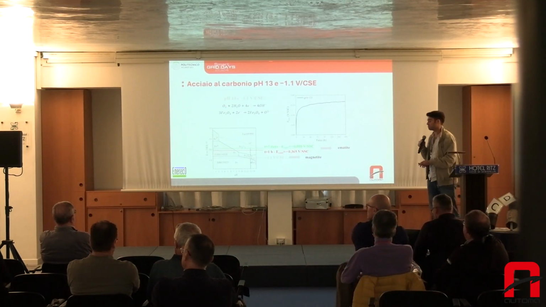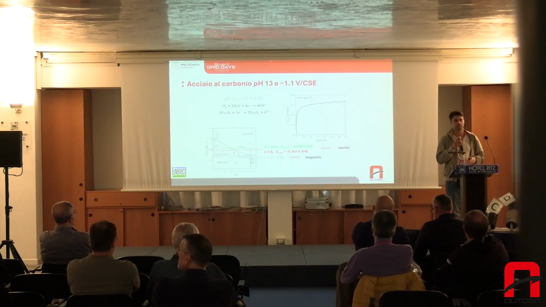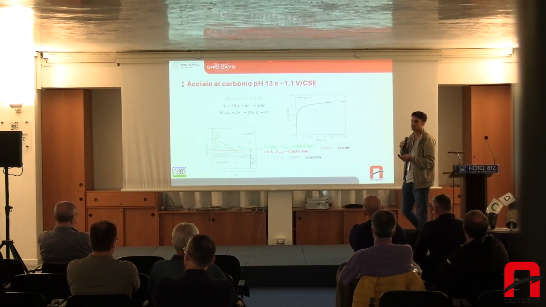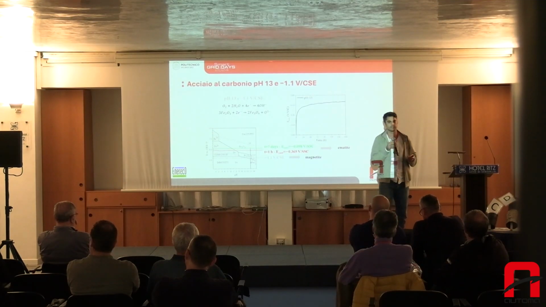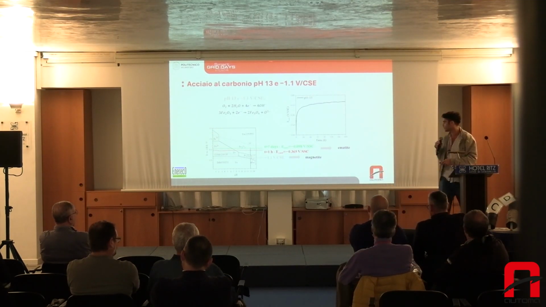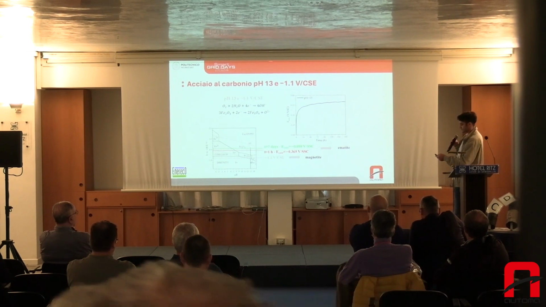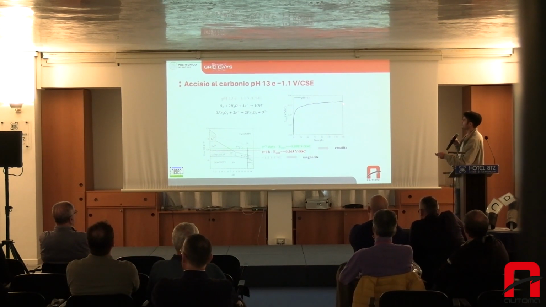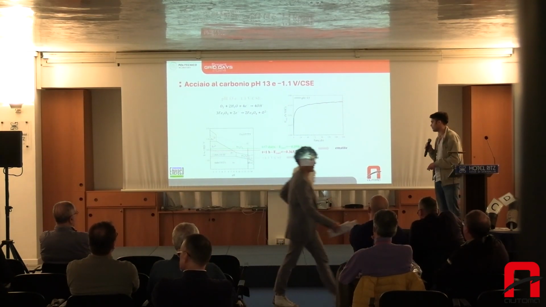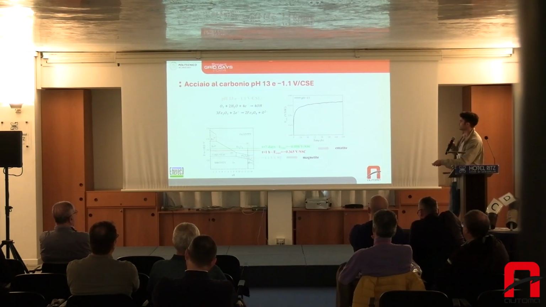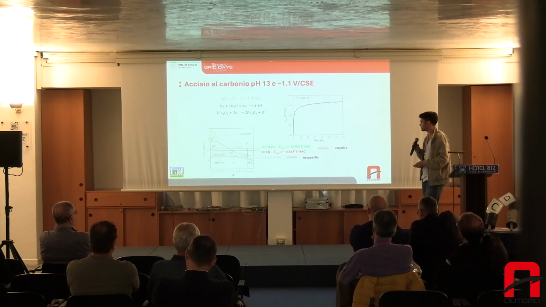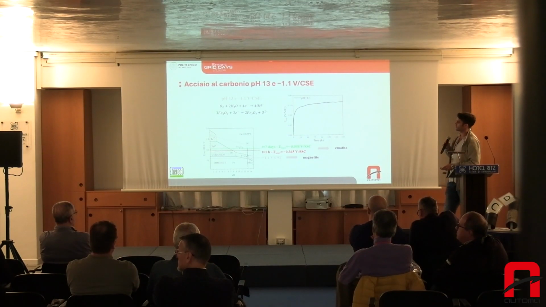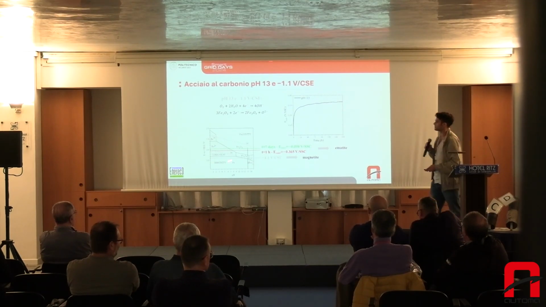The natural potential is a high resistivity potential, so that's for soils with resistivity higher than 1,000, so noble potentials. And after 168 hours, we can reach quite high values, minus 100 volts SSC, which is silver chloride.